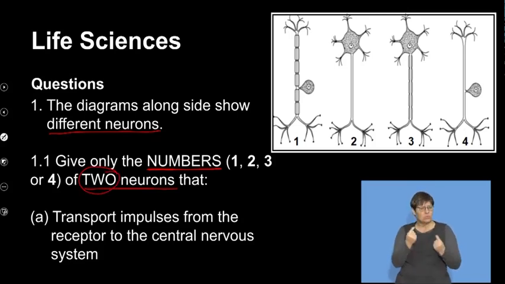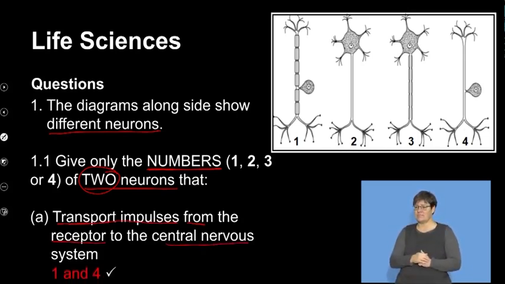That transport impulses from receptor to the central nervous system. Then let's look. That would be number 1 and number 4. The 2 neurons are the ones that transport impulses from the receptor to the central nervous system.